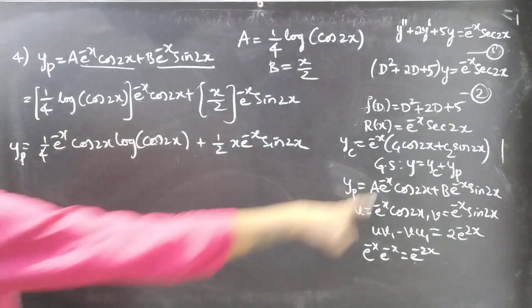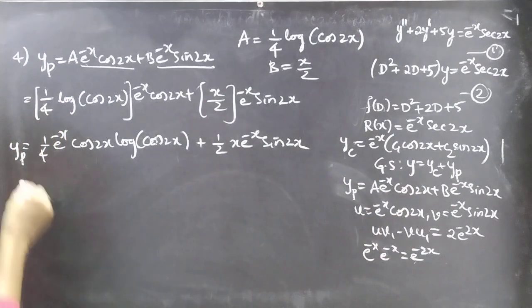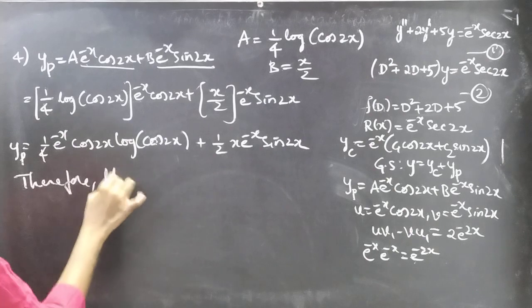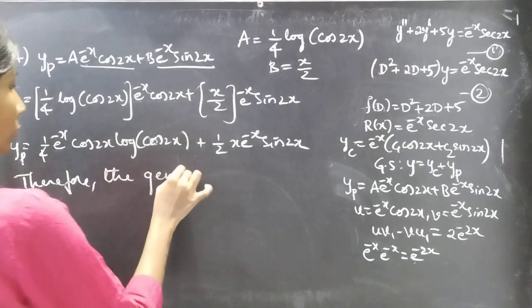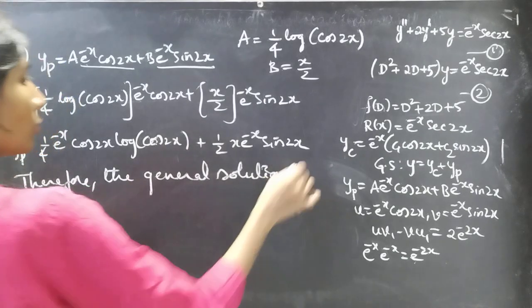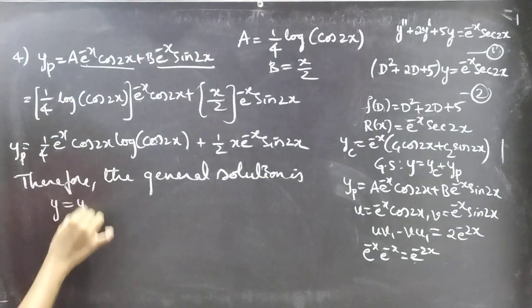Let's now write the general solution using y equals yc plus yp. Therefore, the general solution is given by y equal to yc plus yp.